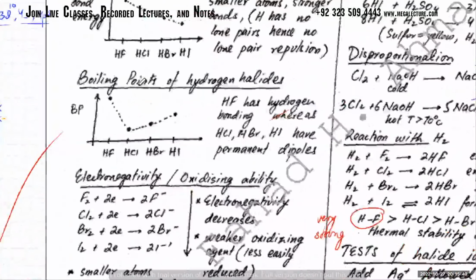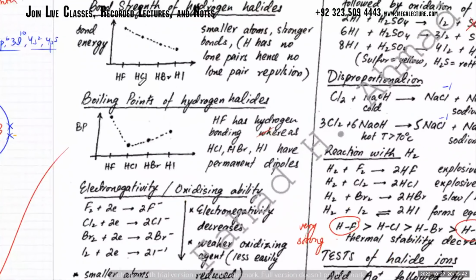So then the next thing is they're going to talk about the boiling points of hydrogen halides. Remember, boiling points don't depend on the bond strength.